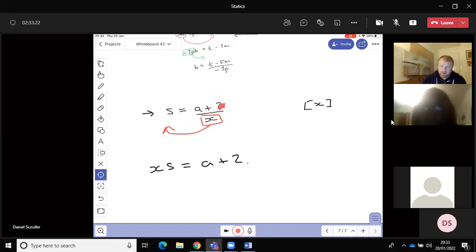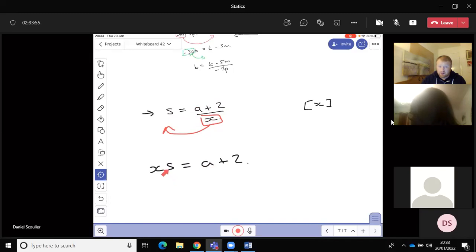So we can't get rid of that 2, because that would affect that expression effectively. So we need to get rid of that division first, because it's dividing that whole top line. So we've brought the X to the other side, just so it's on the top line, it's not a denominator anymore. That gives me XS equals A plus 2.